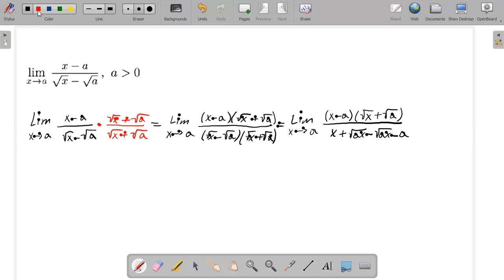And here you can see we have like terms, square root of ax and square root of ax with different signs, so they can be cancelled.